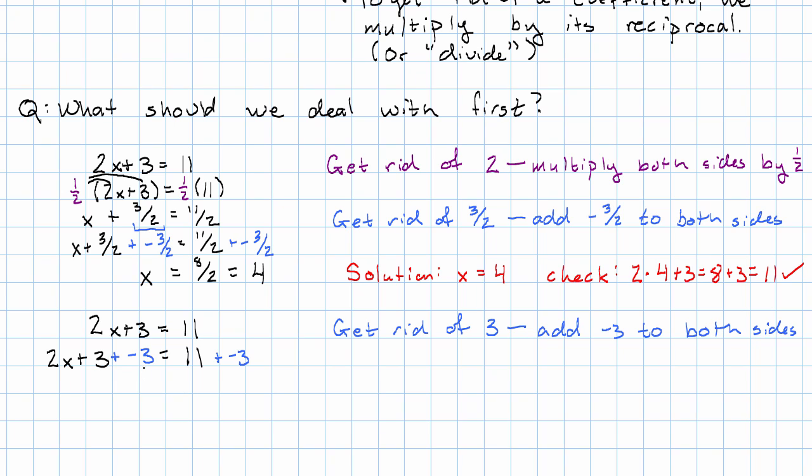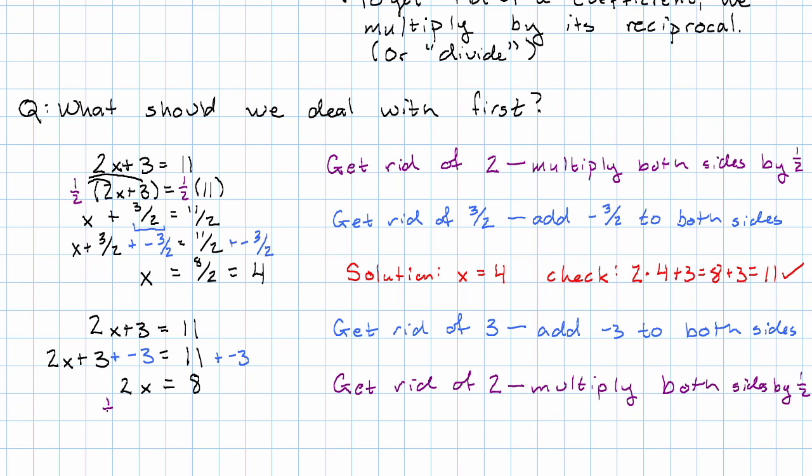3 plus negative 3 is 0, so I'm left with just 2x. 11 plus negative 3, that's 11 minus 3, is 8. And now I'll get rid of the 2 by multiplying both sides by 1/2.